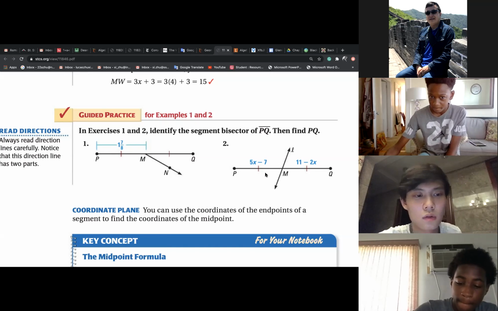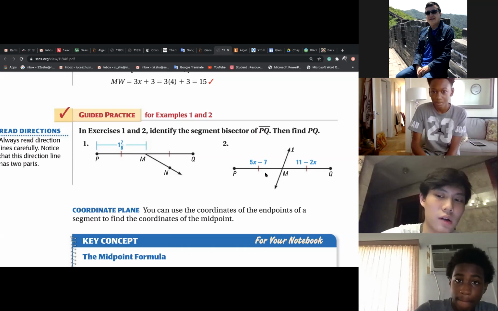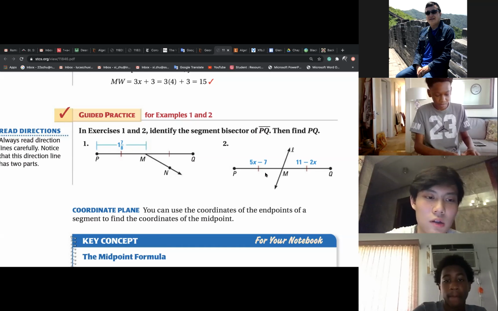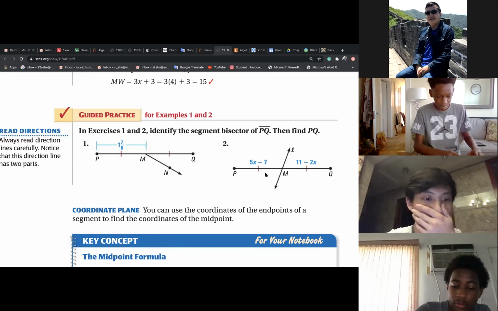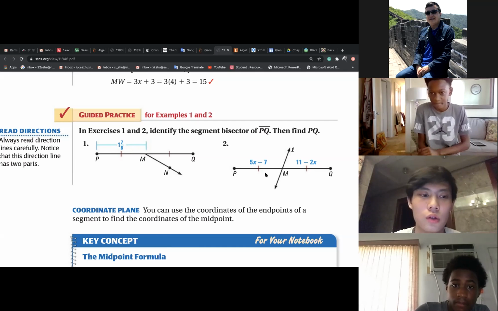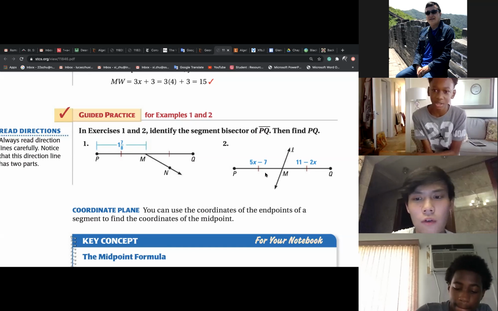Do you know how to do it? What's your answer? Do you solve for x? I'm still trying to solve. Okay, but just tell me where you're stuck, if you don't know how to do it. I got stuck at the solving for x part.